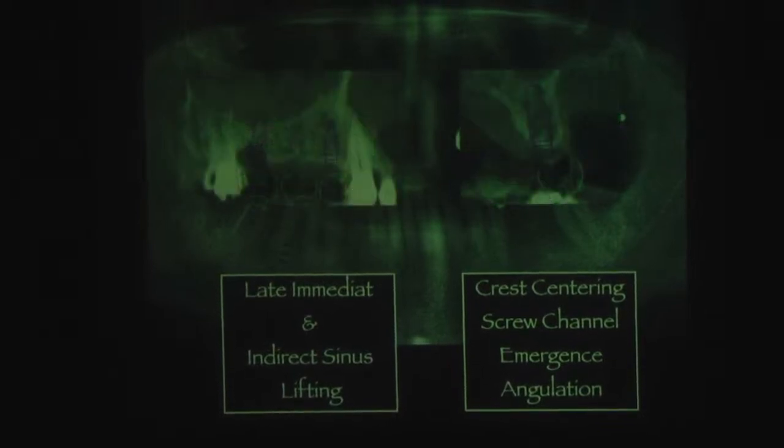For the upper right side, we made the extraction, and this is a late immediate protocol. After extraction, if you wait 2 or 3 weeks for soft tissue healing, this is what we call late immediate protocol. First, we created the model, made the implant simulation, designed the guide, and fixed the guide.